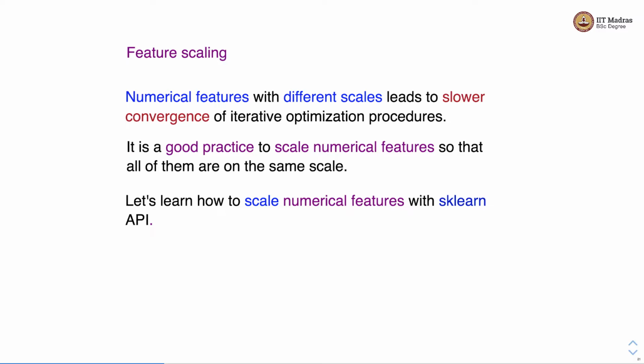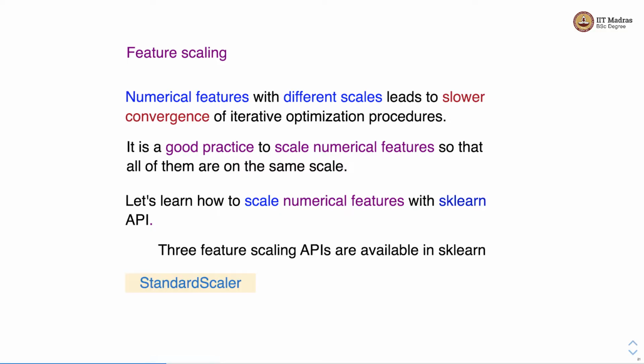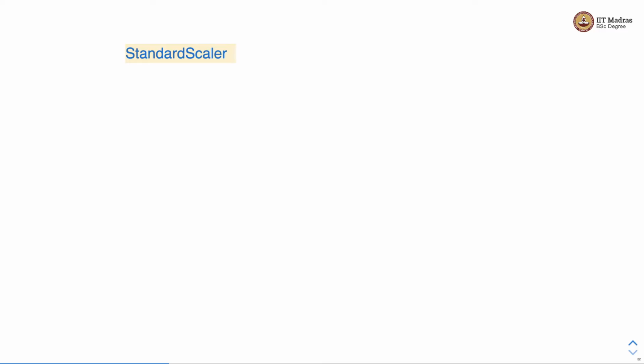Let's learn how to scale numerical features with sklearn API. There are three feature scaling APIs that are available in sklearn: StandardScaler, MaxAbsScaler, and MinMaxScaler. Let's look at them one by one.